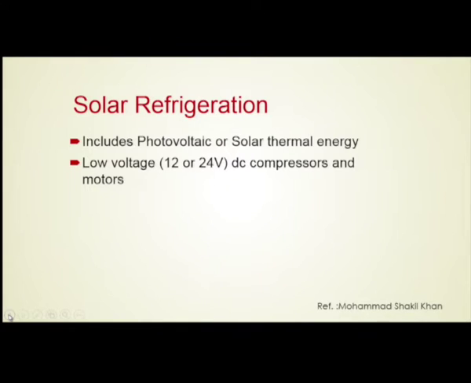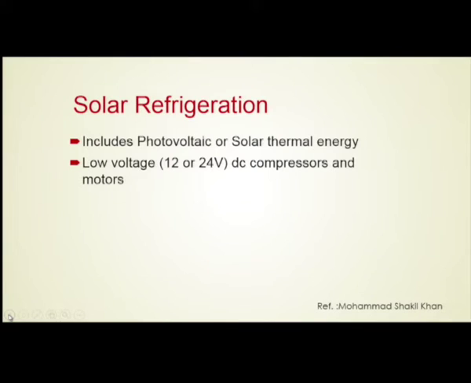We derive only direct current from the PV panels. So DC compressors and DC motors are used in the PV operated solar refrigeration, and these DC compressors and motors are also of low voltage, about 12 volt or 24 volt.